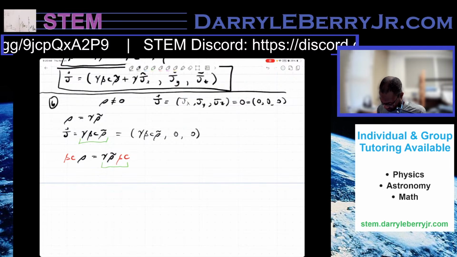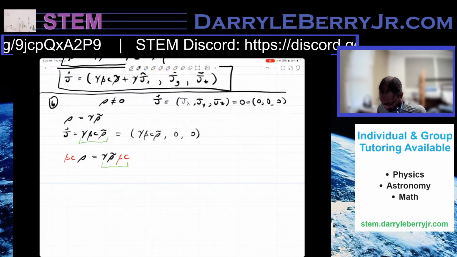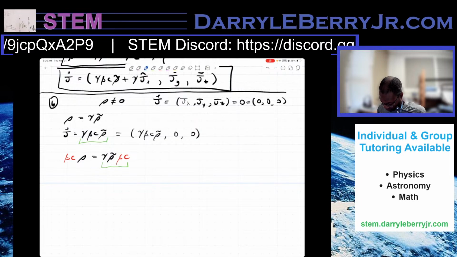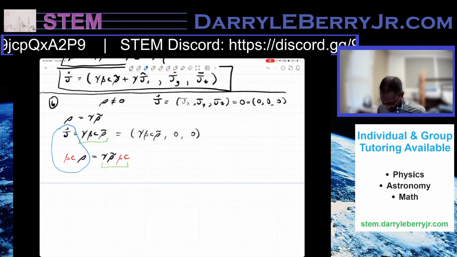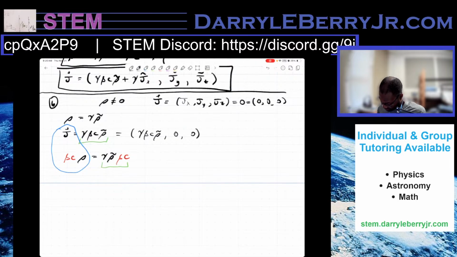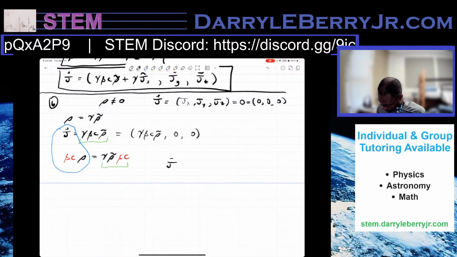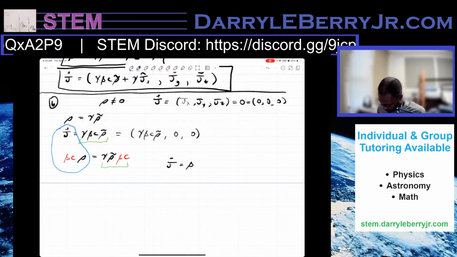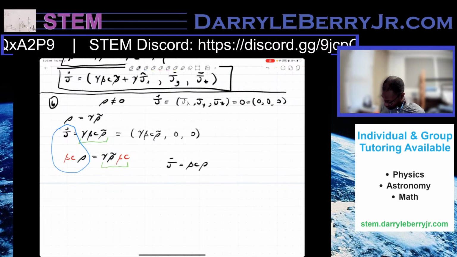So that would have to mean, since those are equal, and they both equal either of these, that they're equal. So we can say that J equals beta c ρ.